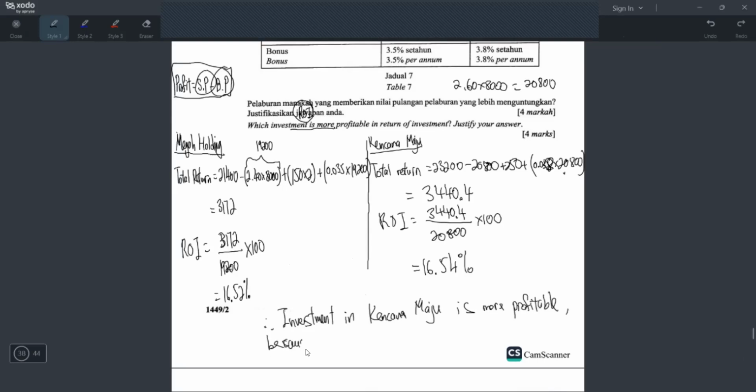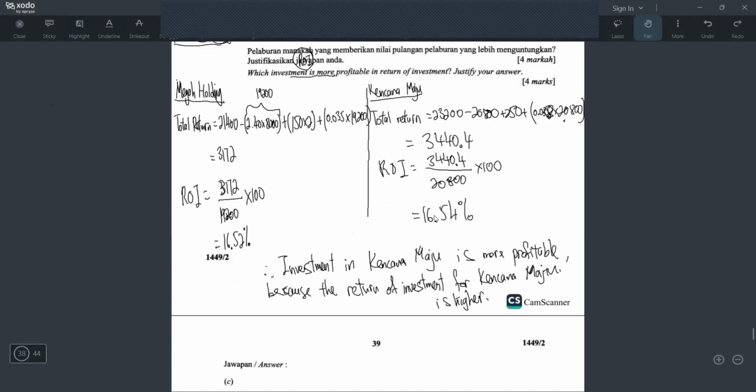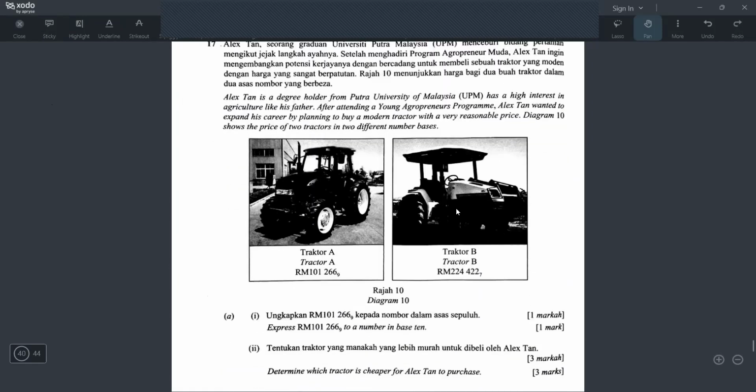Because the ROI, the ROI means return on investment. So because the return on investment for Kencana Maju is higher. Because if you look at the percentage, this is 16.54. This is 16.52. So obviously Kencana Maju is higher. So that is more profitable. Okay, 4 marks. Let's go.